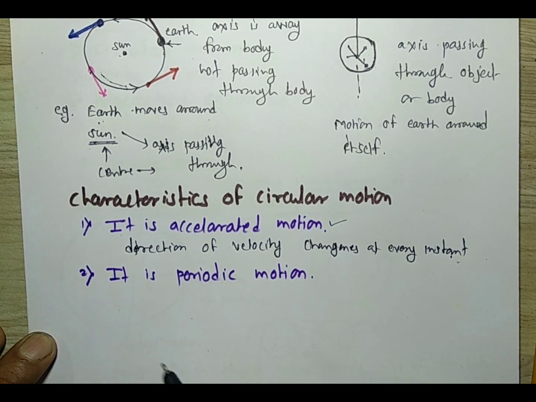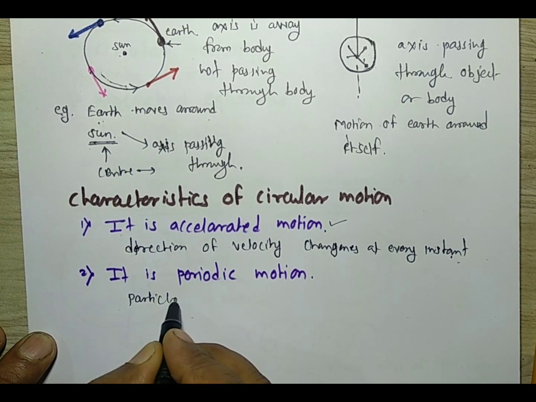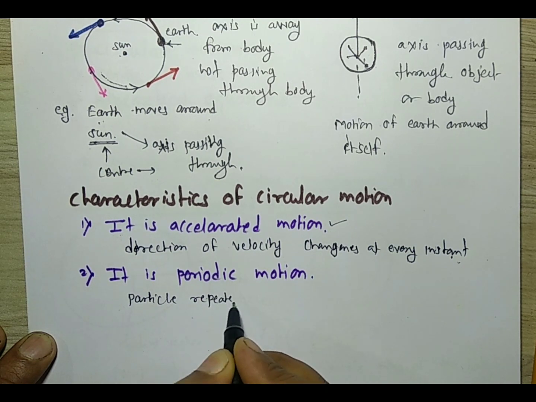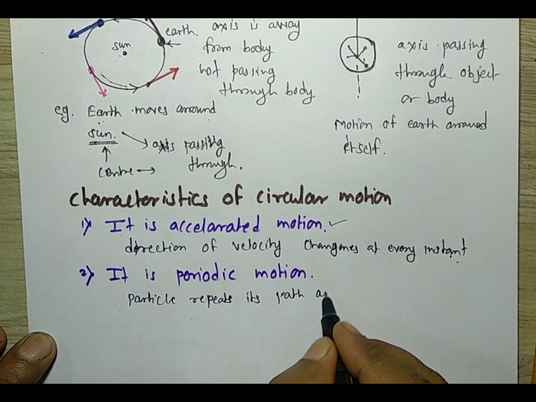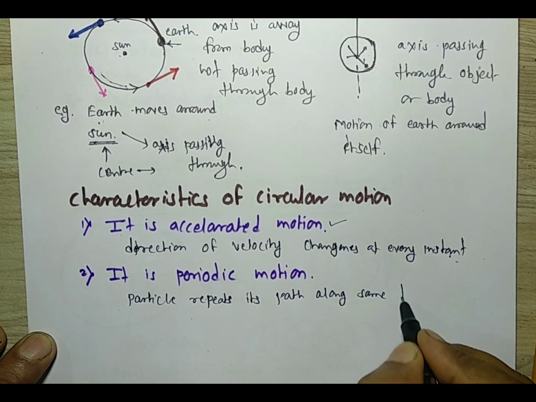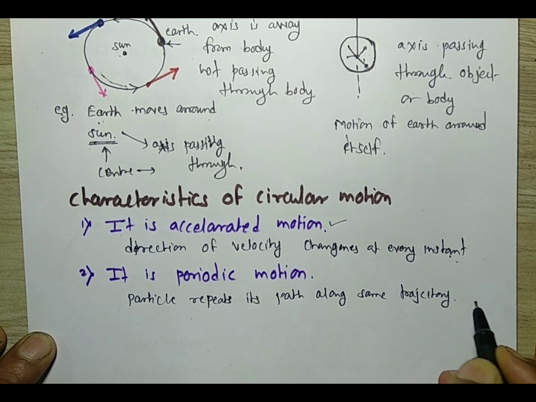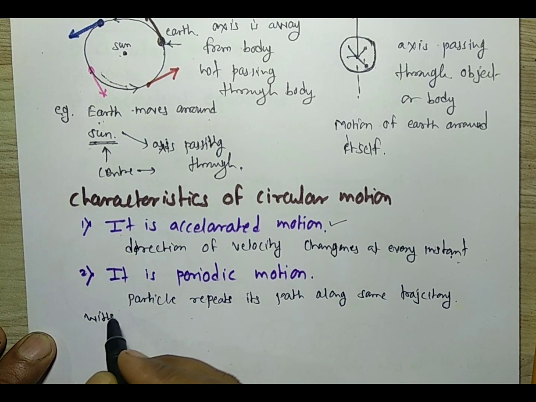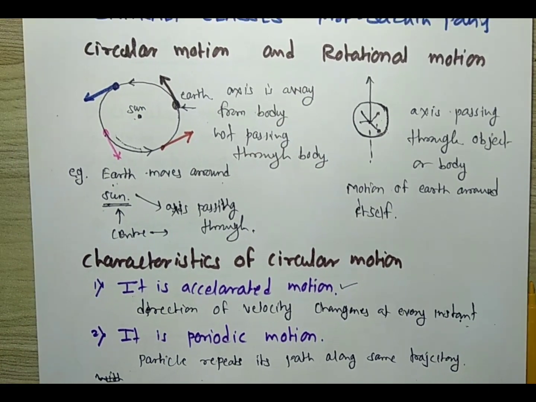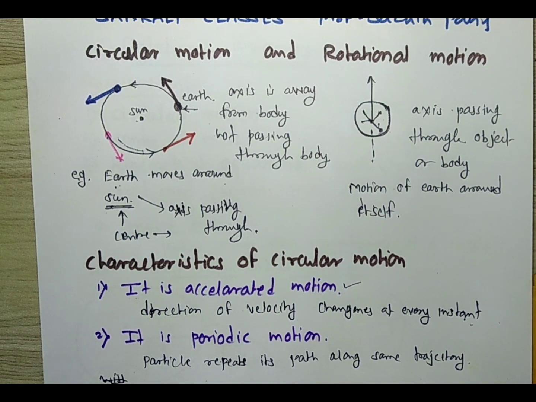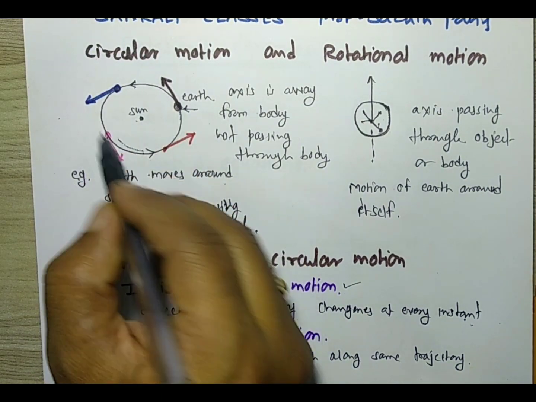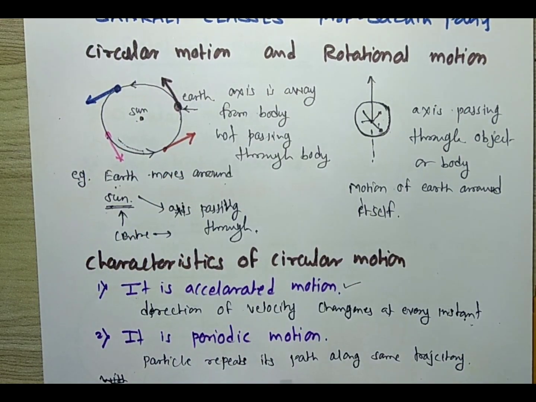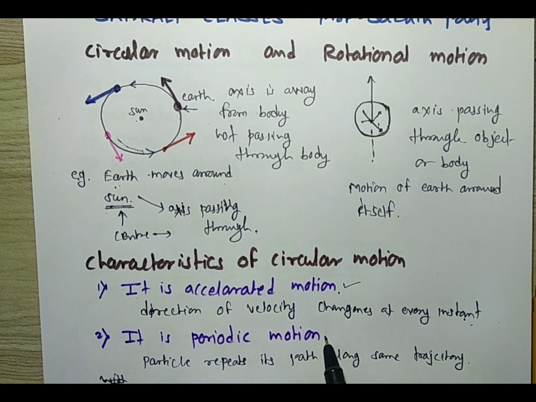The particle repeats its path along the same trajectory. Then it is called periodic motion. That means the particle starts from here, moves along the circumference and reaches here. Again and again it moves along the circumference and reaches here. Then the particle repeats its path along the same trajectory. Then it is called periodic motion.